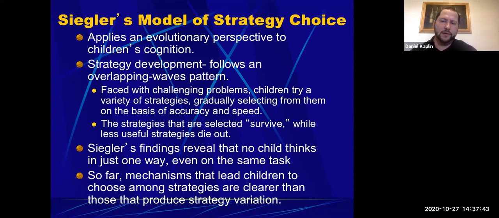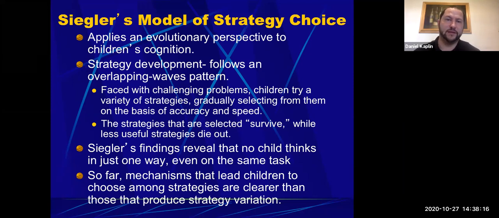And it's interesting because this evolutionary process might explain why we discover that no two kids think about things the same way. Even if you give two kids the same task, the strategy that they use to solve that task might be different. And the question is, well, why is it that one child will use one strategy to solve a task and another child will use a different strategy?